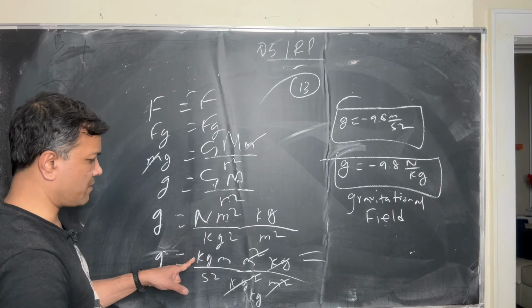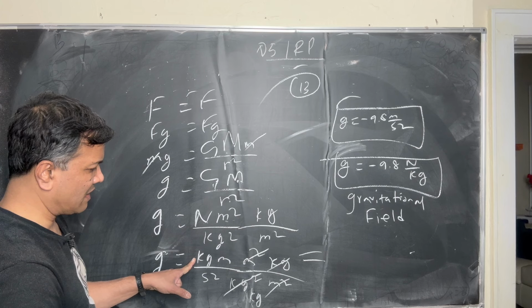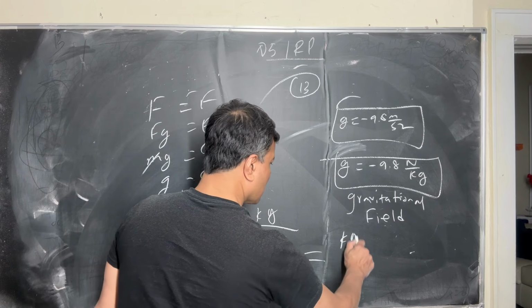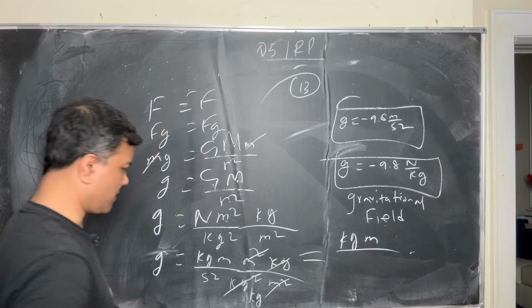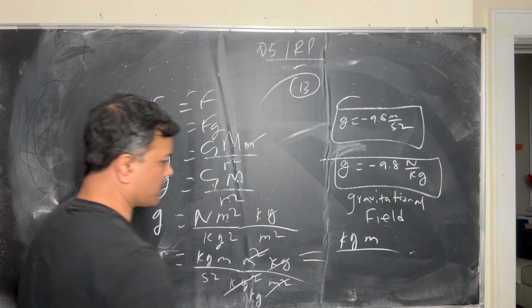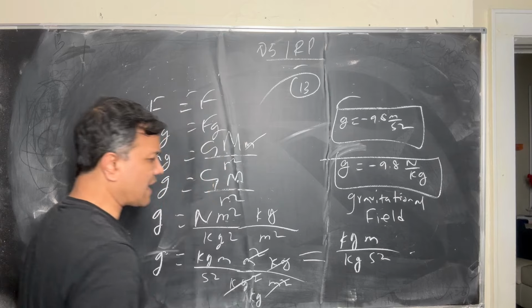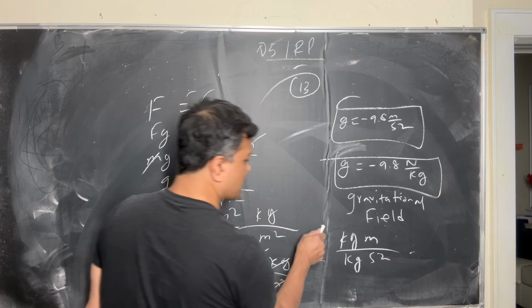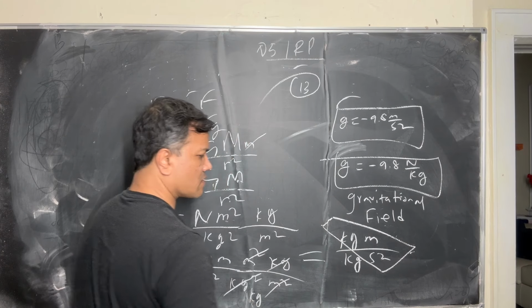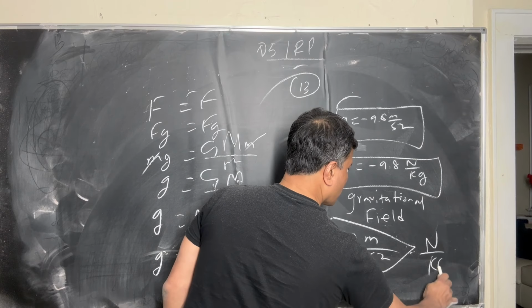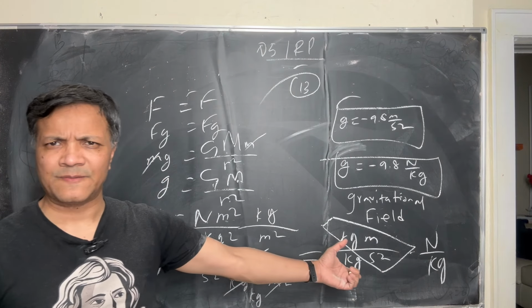So what are you going to have? You're going to have kilogram meter on the top. On the bottom, what do you have? Kilogram second square. Now, kilogram meter per second square itself is a Newton. So Newton over kilogram. There you go. So we proved that.